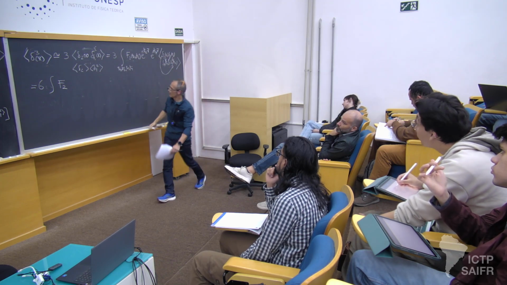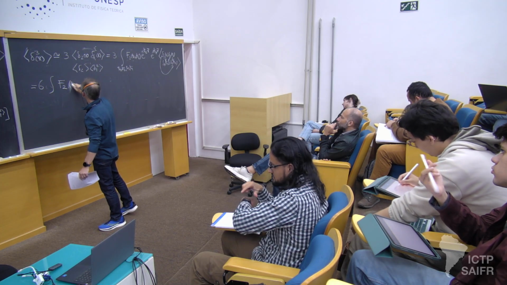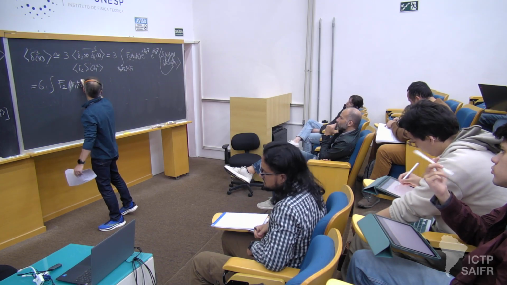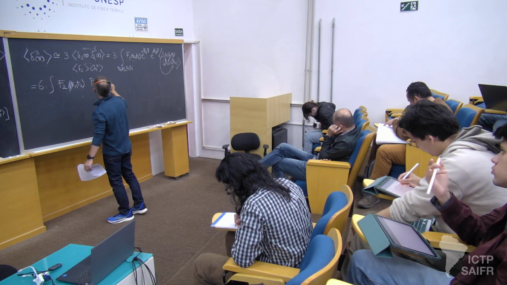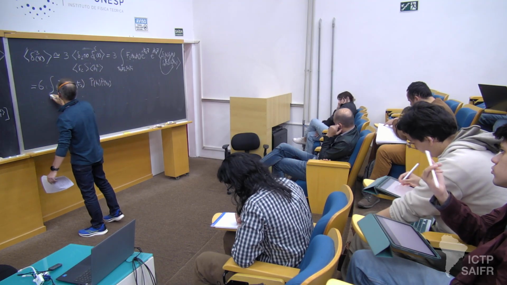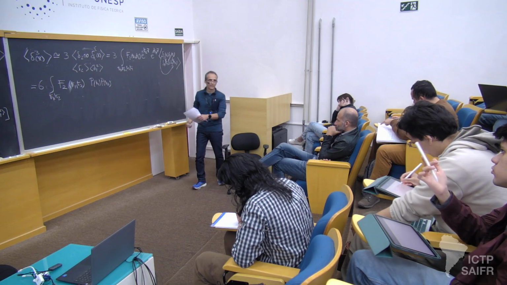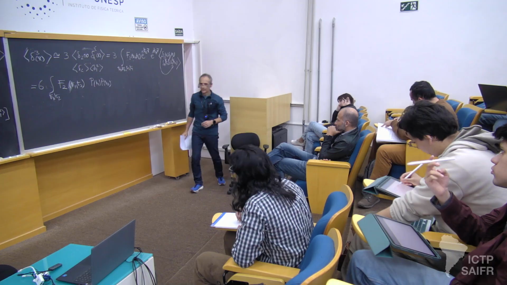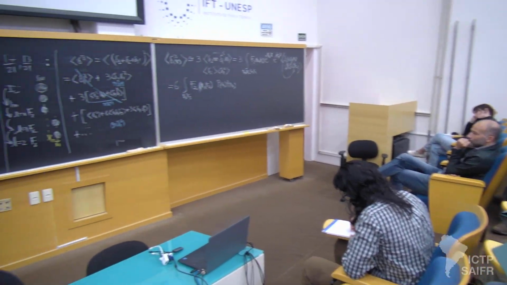So that means the final answer is going to be, I'm going to have 2 power spectra, integrating over all k. Okay? So now you can see we are in good shape here.